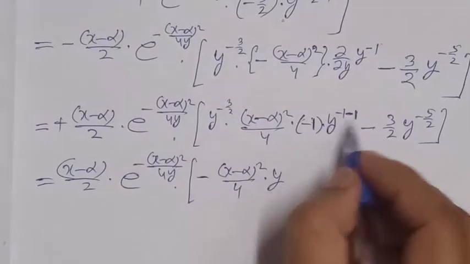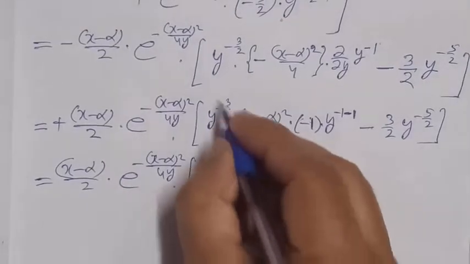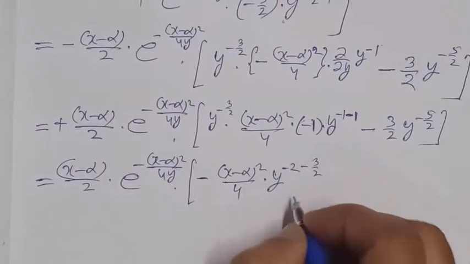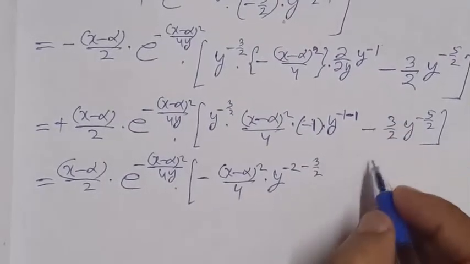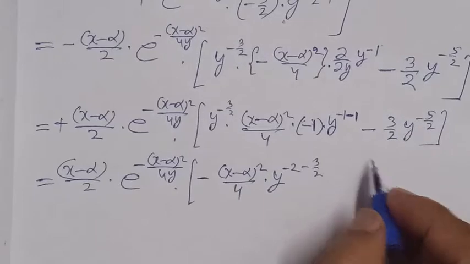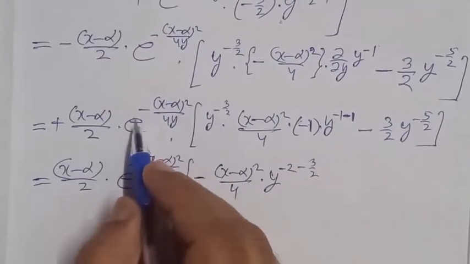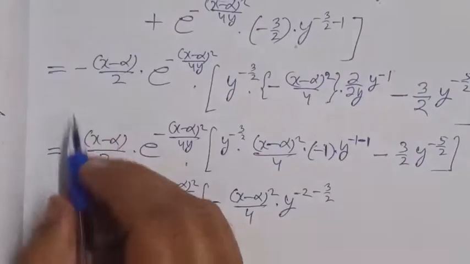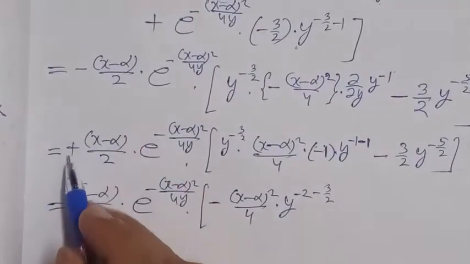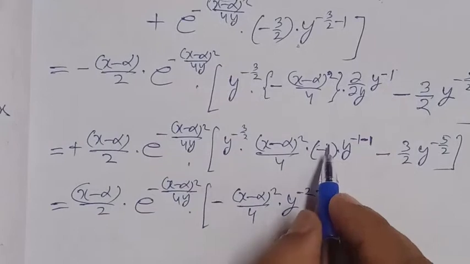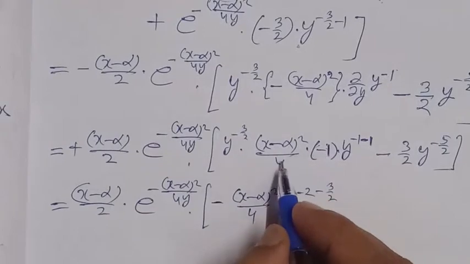power of y is equal to minus 2 and minus 3 by 2. When we take out minus from this bracket and convert this minus sign to plus, then both signs will be positive.